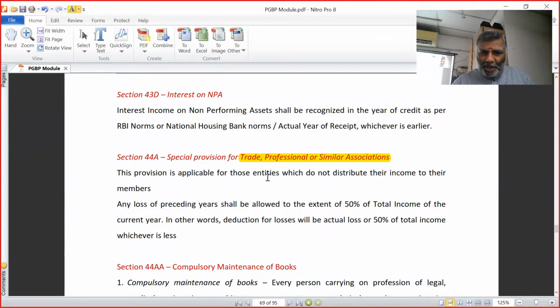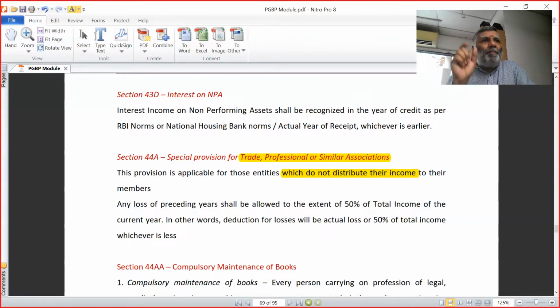This provision is applicable for those entities which do not distribute their income to their members. For example, let us take that your flat association is not a mutual concern.